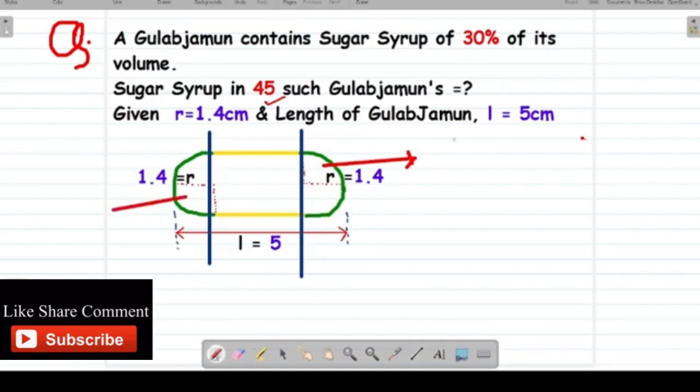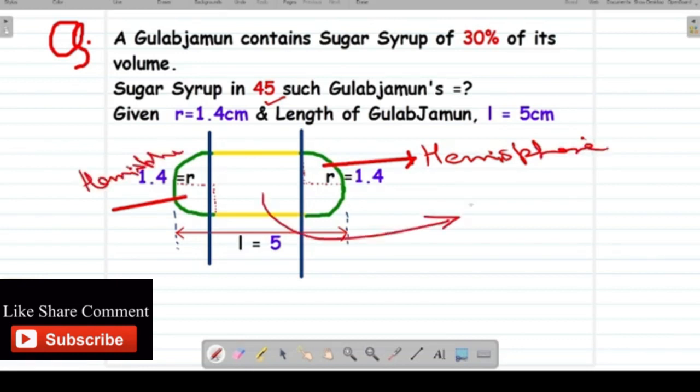So this is a hemisphere, and this is also a hemisphere. And the middle part, what is that? That is a cylinder.